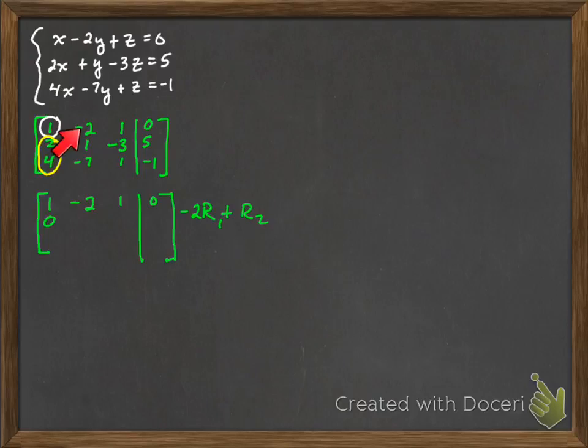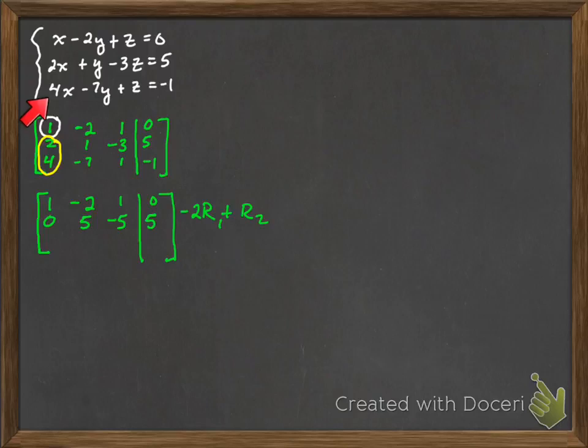Now -2 times -2 is +4, plus 1 gives us a 5 right here. Then we have 1 times -2, which is -2, plus -3 is -5. And then 0 times -2 is still 0, plus 5 is 5.